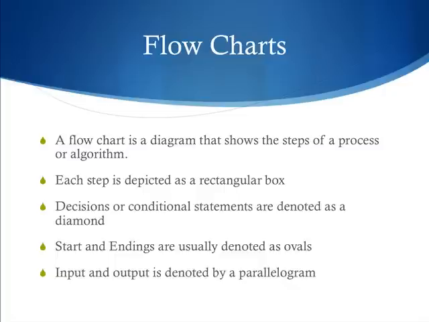And sometimes, if you're looking at a really complex one, you'll see a rectangle that has two lines on the left and right side. That indicates that that step is actually documented in another flowchart for, say, a method.